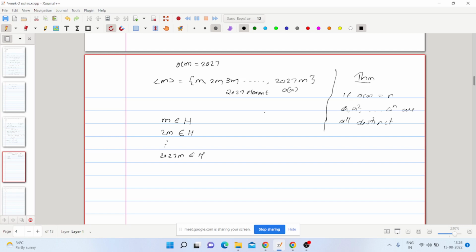So what can we conclude? H is a subgroup, meaning H is a subset of Z 2027, with H having 2027 elements. What does this imply? Are H and Z 2027 equal? Is this clear from these two conditions?